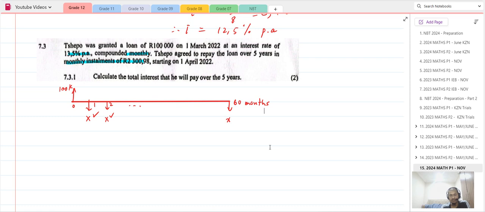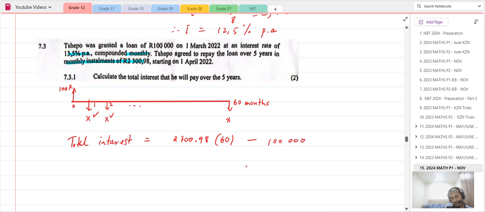So total interest is equal to total paid minus the loan. So you're gonna have 2,300.98 times 60 minus the original loan amount 100,000.